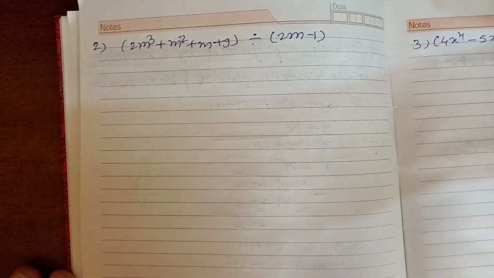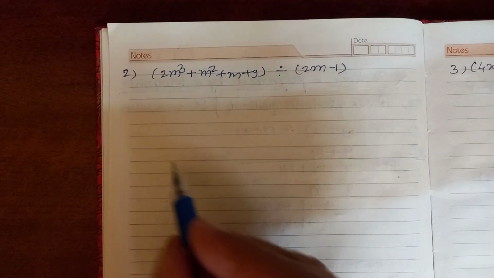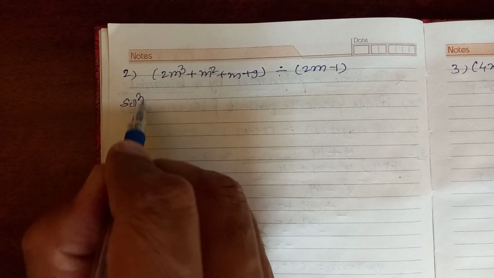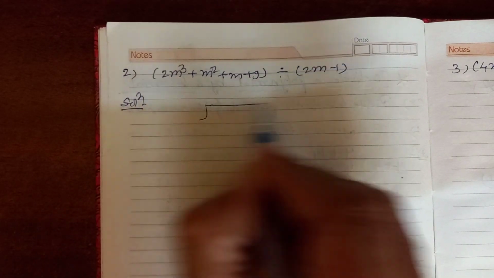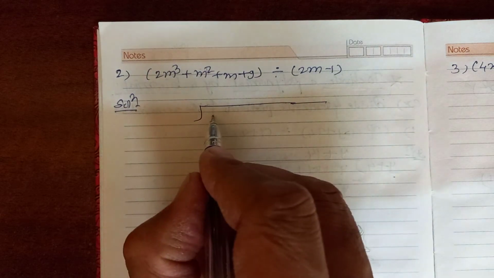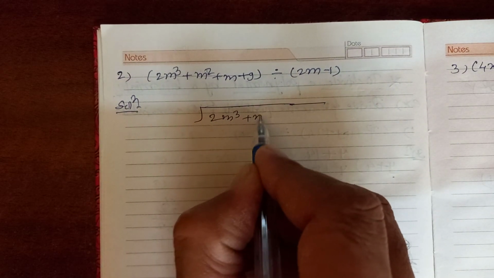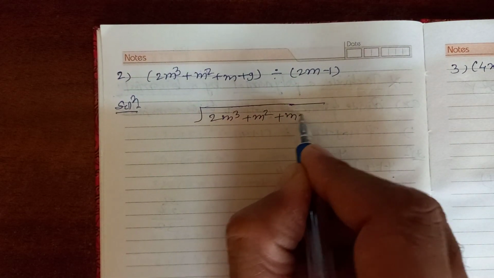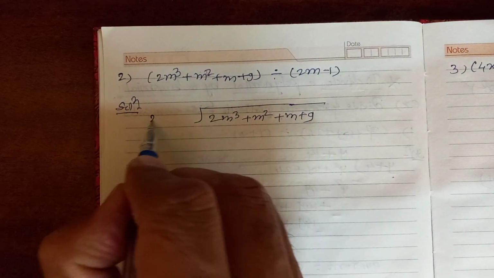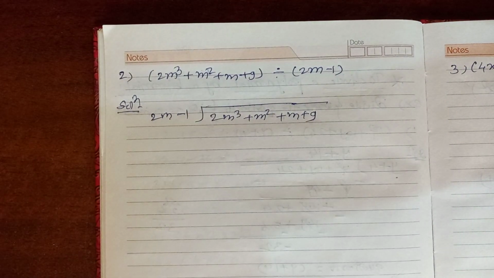See, in the second example, here we have to divide 2m cube plus m square plus m plus 9 by 2m minus 1.